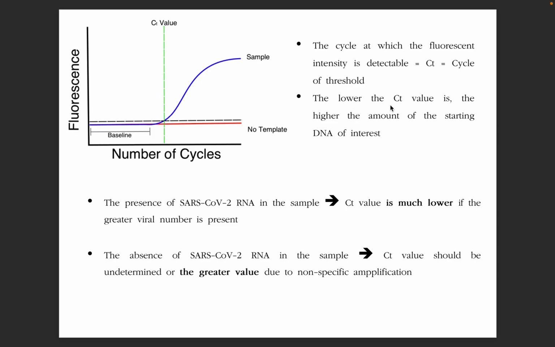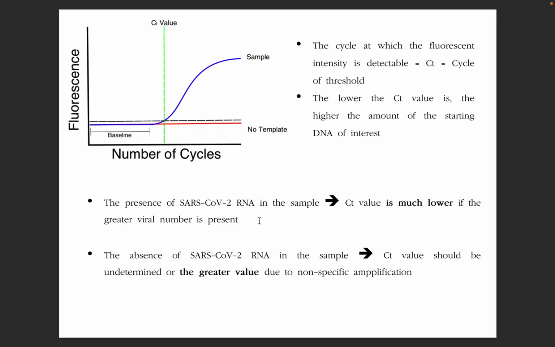CT is very crucial for result interpretation. If you have two samples showing a high CT and a low CT value, the sample showing the lower CT value contains the higher amount of the starter DNA template.